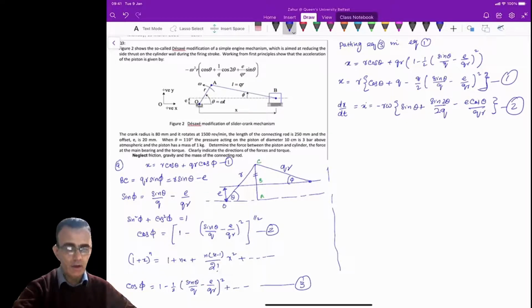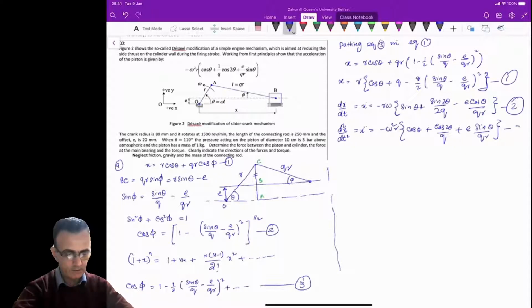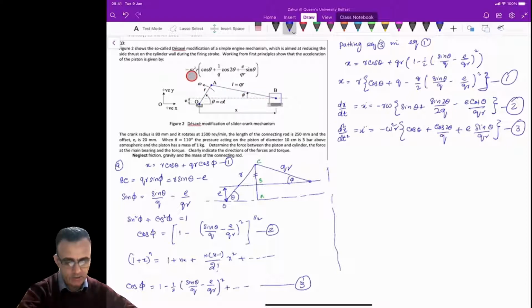And now again, if you differentiate the velocity with respect to time, this will become d square x divided by dt square, which is x double dot, and this will become minus omega square r, and this becomes cos theta plus cos 2 theta divided by q, plus e sine theta divided by qr. So this is the equation for the acceleration, and this equation is exactly the same as this equation here.